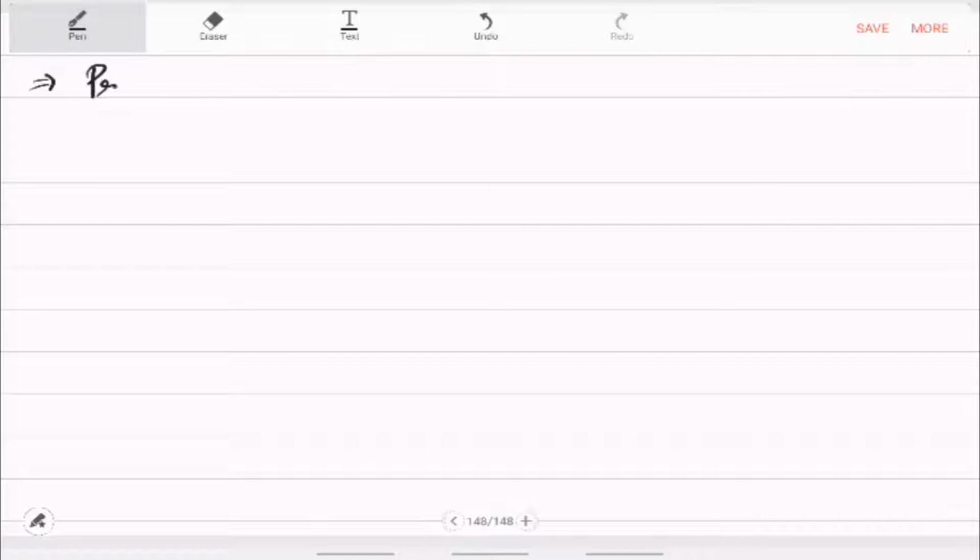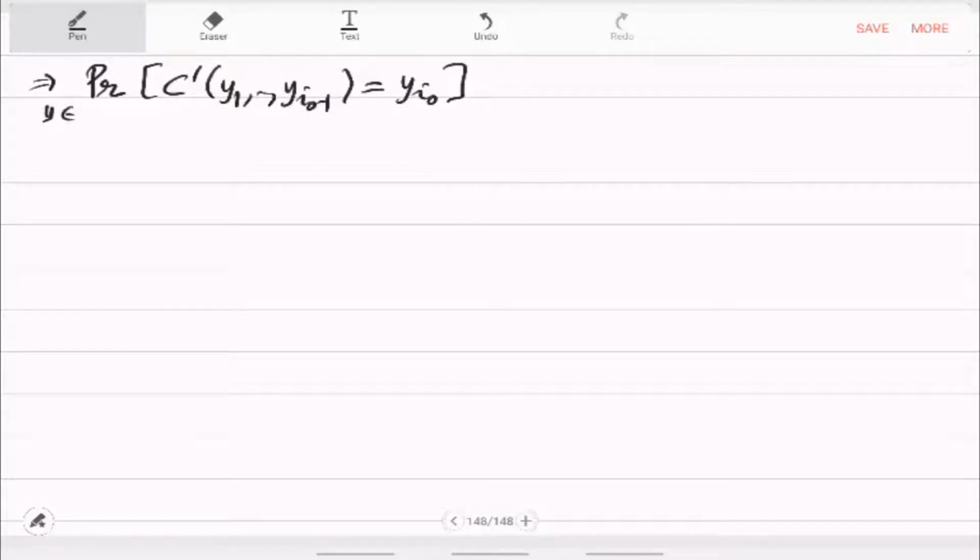So the probability of C prime, given y1 to yi0 minus 1, predicting yi0, where y refers to the NW output and Z refers to UM.